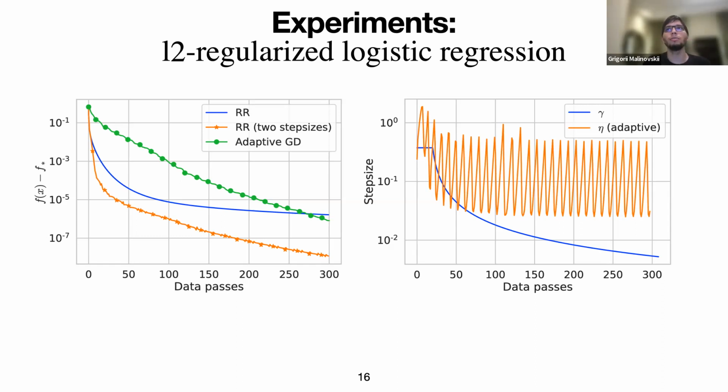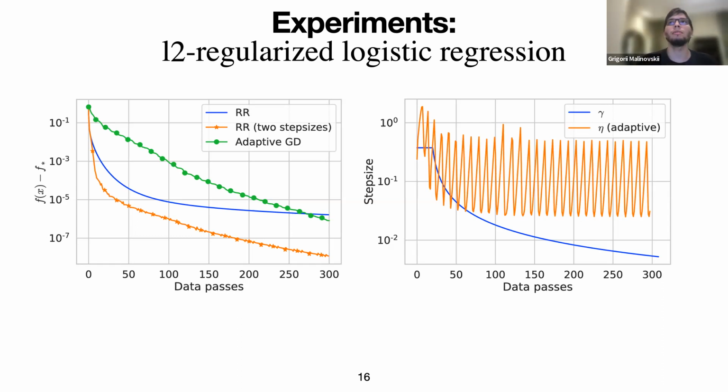So we tried to use an adaptive global step size eta and a decreasing step size gamma here. And as we can see, this strategy outperforms the simple federated random reshuffling significantly, as well as it outperforms adaptive gradient descent.